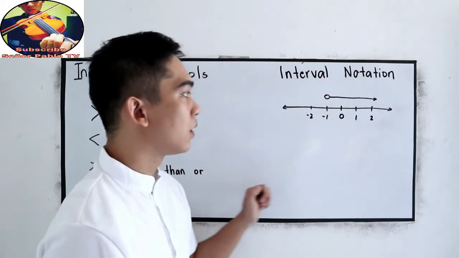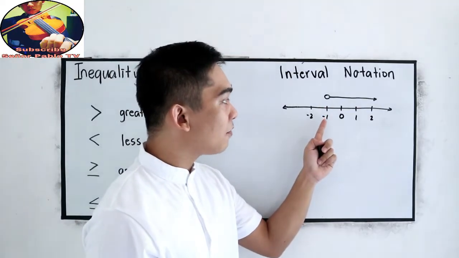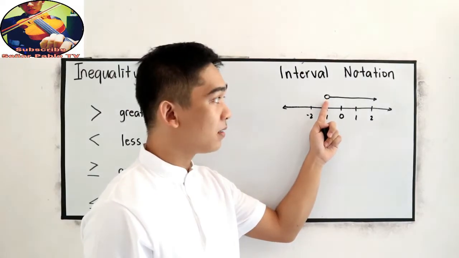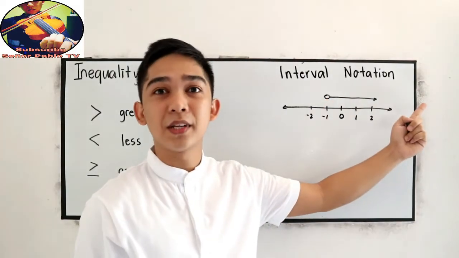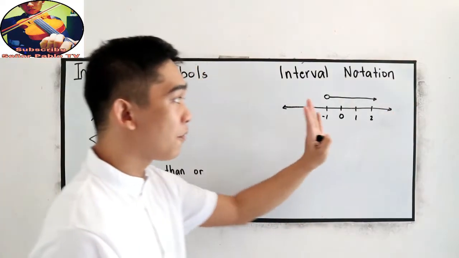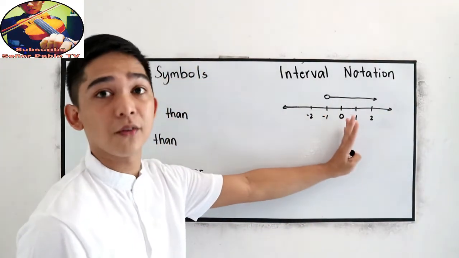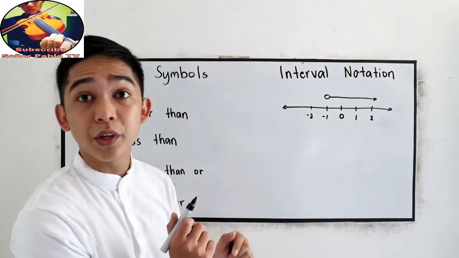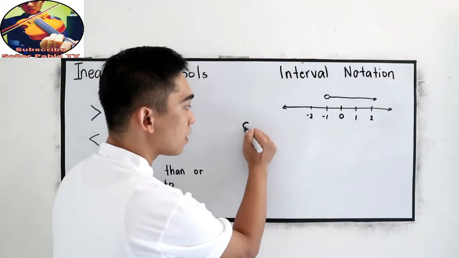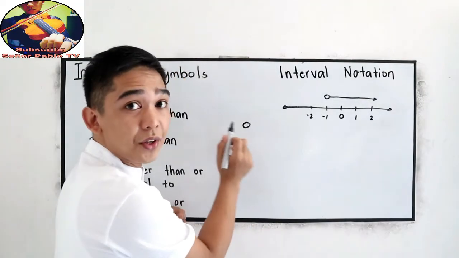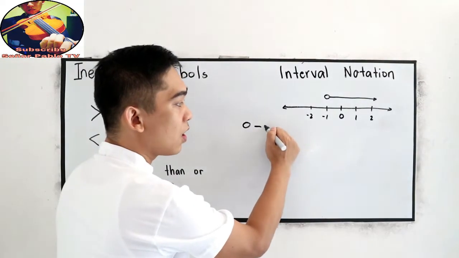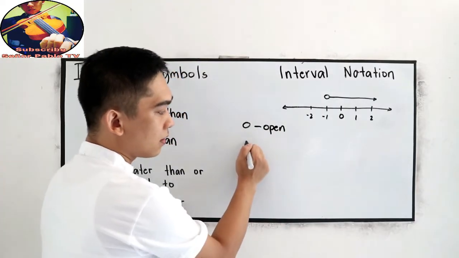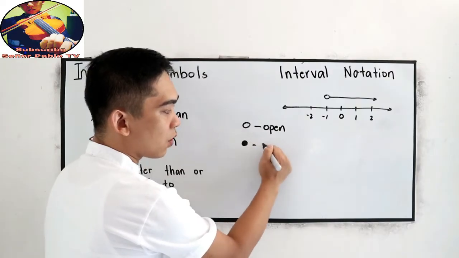Okay. So -1, we have a hollow or a circle here, then going to positive infinity. So before we write that in interval form, let us first familiarize the different symbols that we're going to use. If you encounter the symbol, this is what we call the open, and the shaded part is what we call the close.